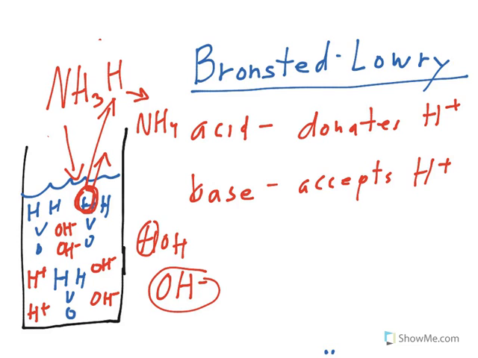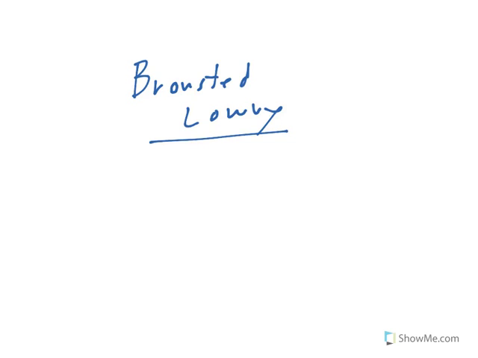A couple of other advantages of the Bronsted-Lowry definition. It accounts for why some things such as water can be either an acid or a base. This is a very important thing when you study buffered solutions. Look at H2O.